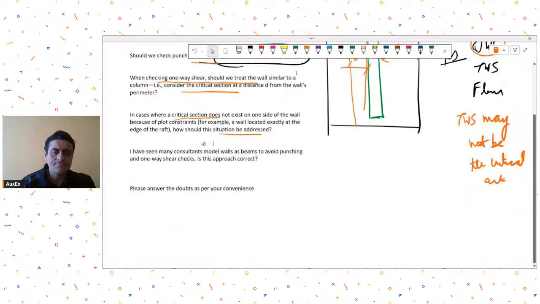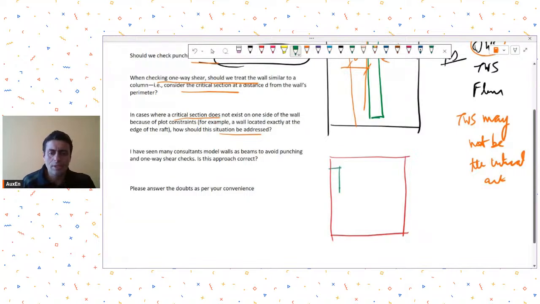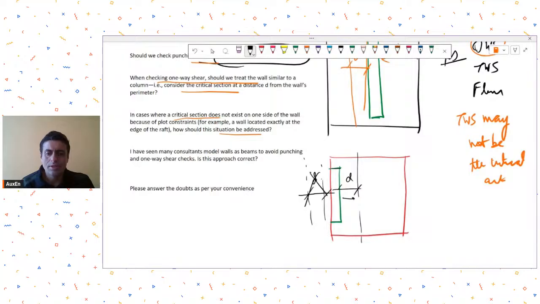So for example, your case is something like this. In plan, I'm just talking about the one-way shear check right now, that your wall was right over here. So in this case, the d distance lies outside the footing because the wall was right on the edge. So in this case, one-way shear in this direction is not important. Then you check for one-way shear over here at d distance. This you need not check, you check in this direction only.